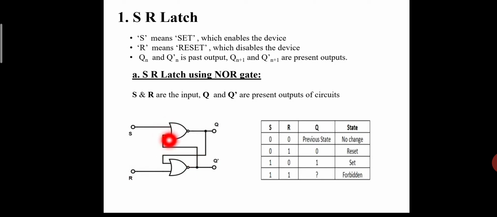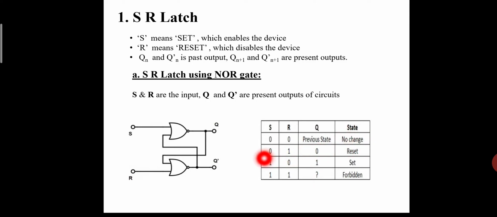So 0 NOR Qn bar, that is 0 plus Qn bar whole bar, will be the output from the first NOR gate. Qn bar whole bar is nothing but Qn, so you will get Qn at Q, and Qn bar at the Q bar output. That indicates there is no change, meaning it retains the past outputs. Therefore the previous state with no change is nothing but a memory. We may call it a memory.